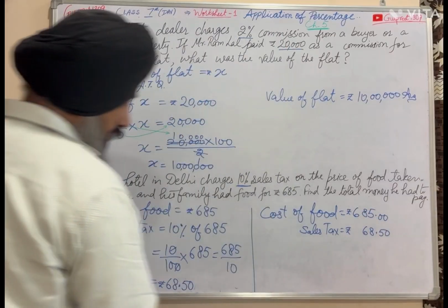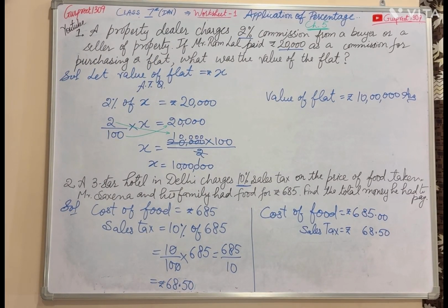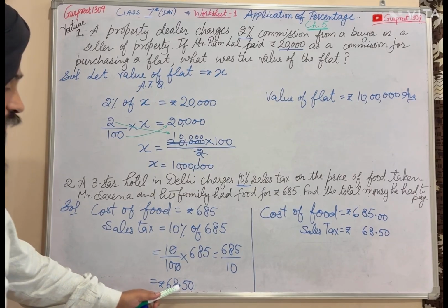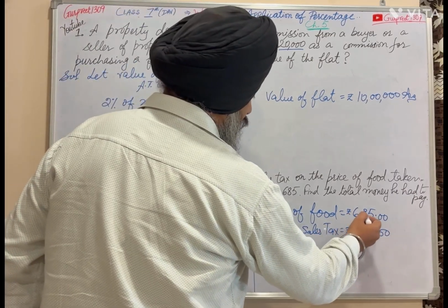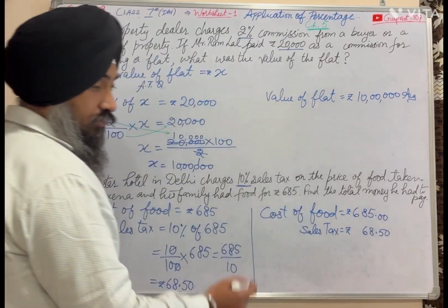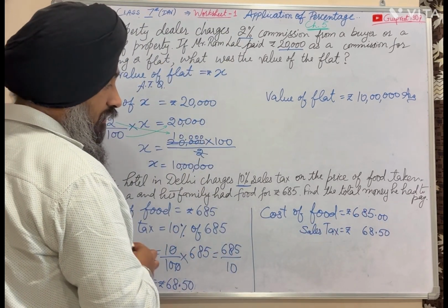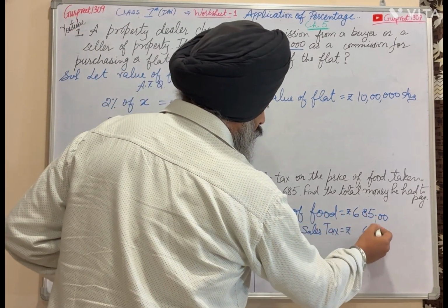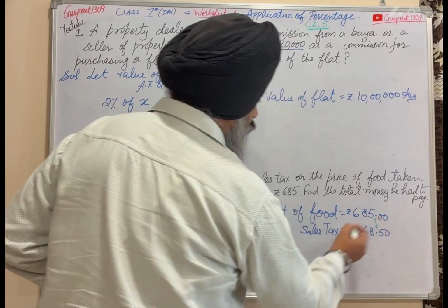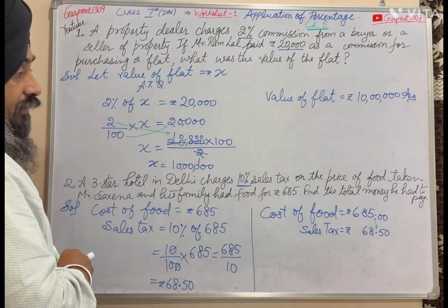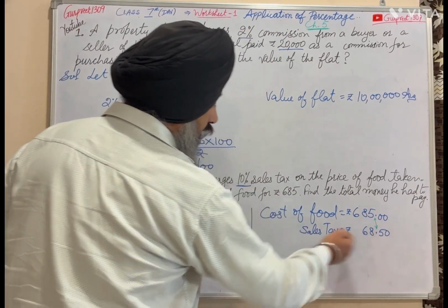So note down this. You have to write it very carefully. We have the sales tax in decimal, 68.50. So this is 685.00 we have to write so that the decimal must be under the decimal, and then we can write the decimal part and the real part.